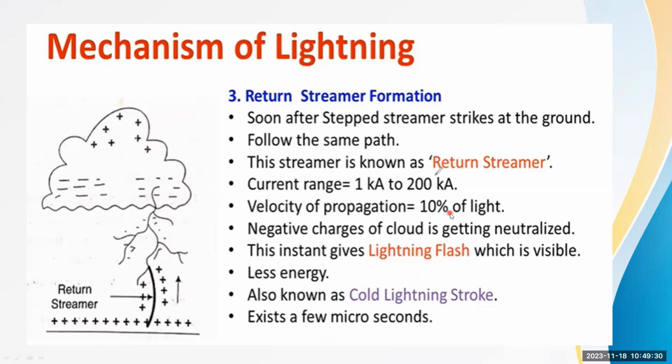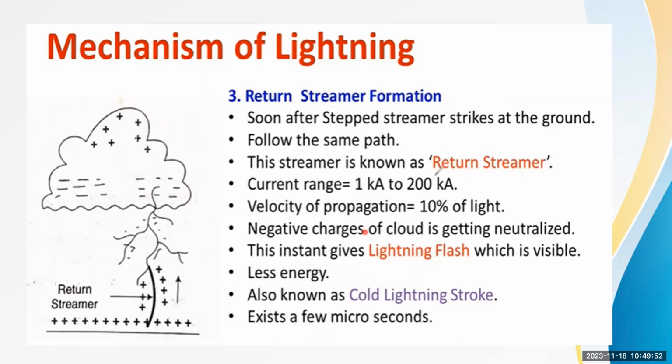The velocity of propagation is 10 percent of light, and the negative charges of the cloud get neutralized. The negative charges of the cloud and the positive charges of the ground are neutralized because of this huge current between cloud and ground, in the range of 1 kiloamp to 200 kiloamps.